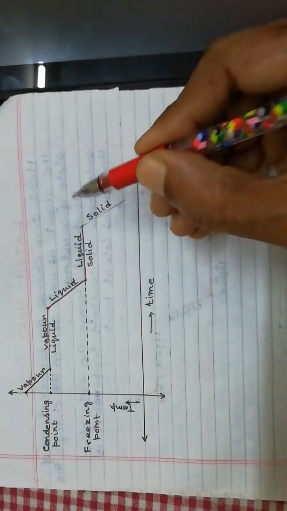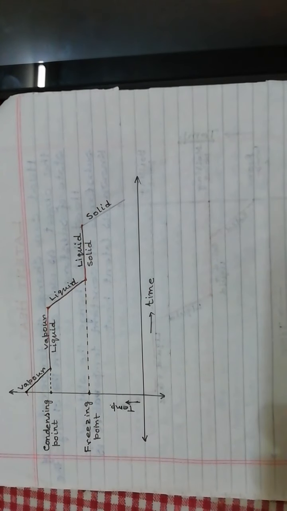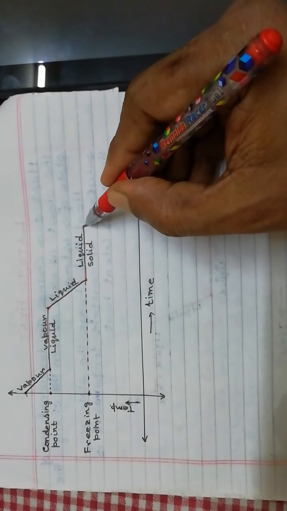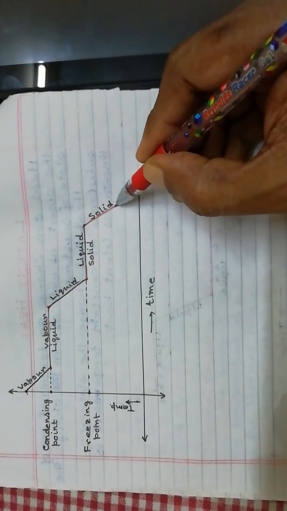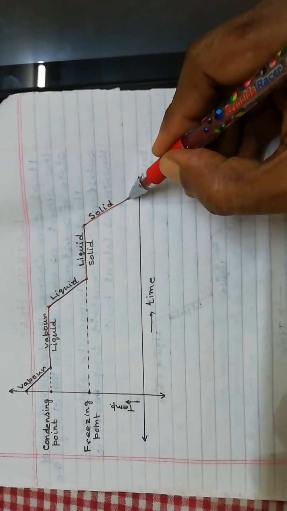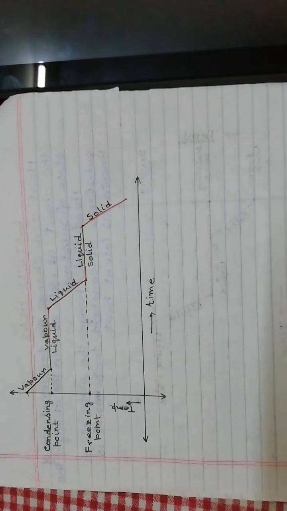At that point the total liquid is converted into solid, then again the temperature of the solid starts to decrease. This is known as the cooling curve.